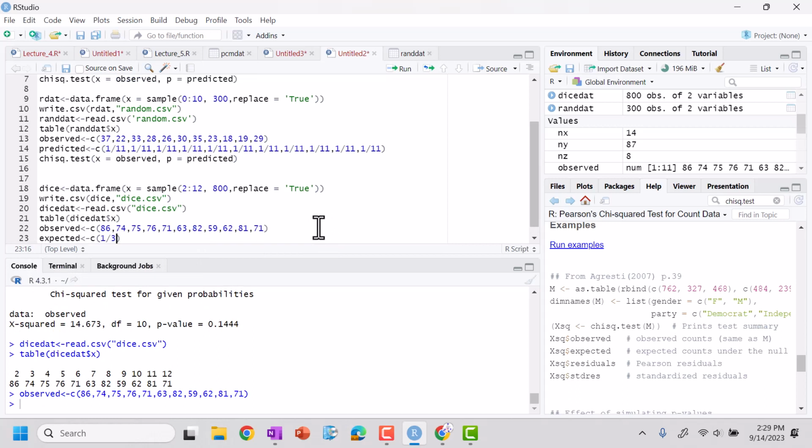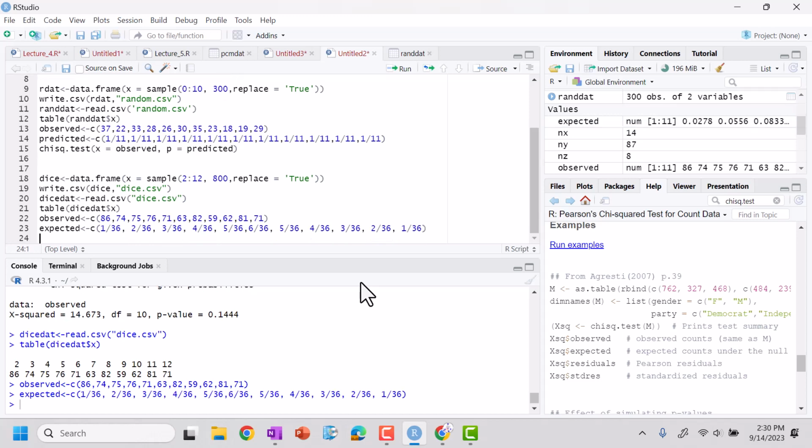To get 2, it'd be 1 over 36, then 2 divided by 36, then 3 divided by 36, 4 divided by 36, 5 divided by 36, 6 divided by 36. And then we go back down: 5 divided by 36, 4 divided by 36, 3 divided by 36, 2 divided by 36, 1 divided by 36. That's our expected.